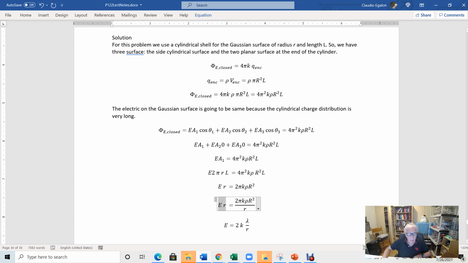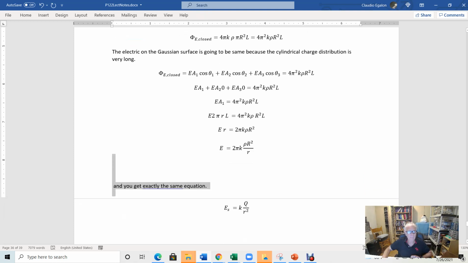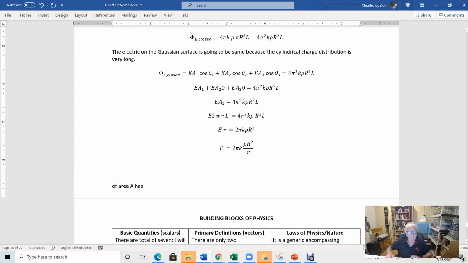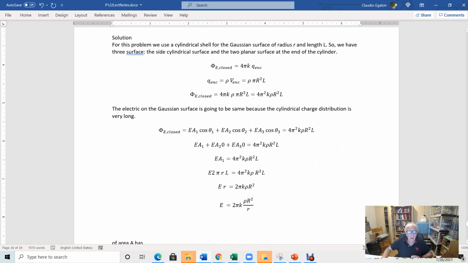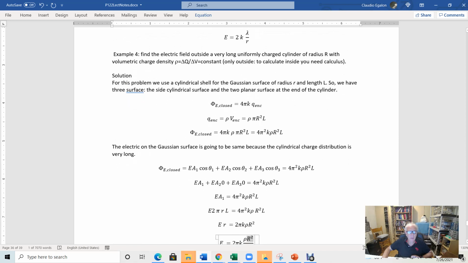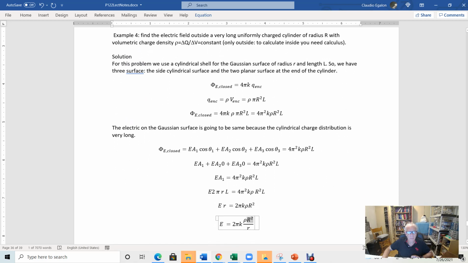The little r is the generic distance from the center of the cylinder. I like to write that down like that. Okay, let's compare. Lambda over r, rho over r. But we choose 2 pi k r squared. Okay.